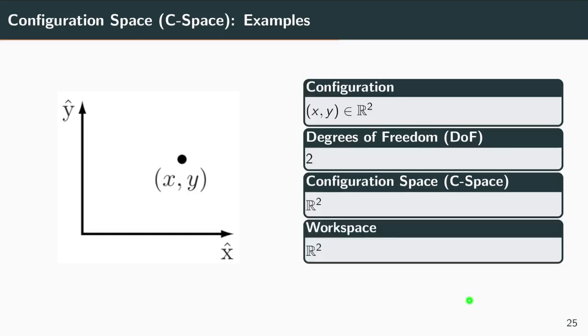In this case, R2 could be more specific if we say it's bounded, but in the picture, we don't see that it's bounded. And workspace, I didn't introduce the definition, but it is either the 2-dimensional or the 3-dimensional space, never higher dimensional. It's just the physical spatial world that we are in.